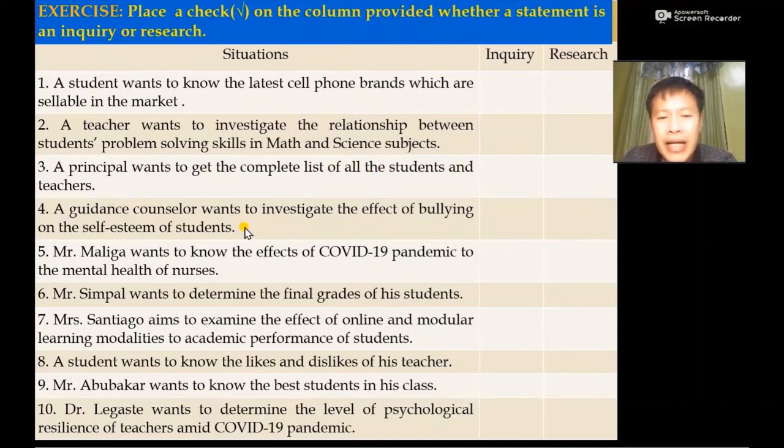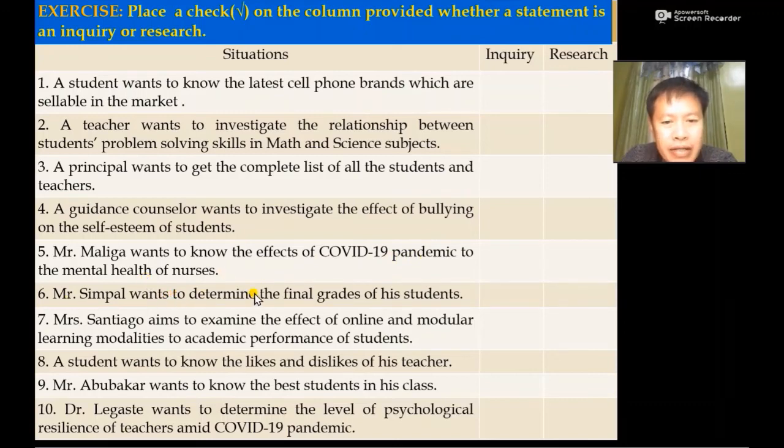If the situation needs further investigation, means it takes several days, months, in order to get the answer, that is a research. But if you can receive the answer in a very short span of time, minutes, okay, that is an inquiry only. A guidance counselor wants to investigate the effect of bullying on the self-esteem of students. Mr. Maliga wants to know the effects of COVID-19 pandemic to the mental health of nurses.